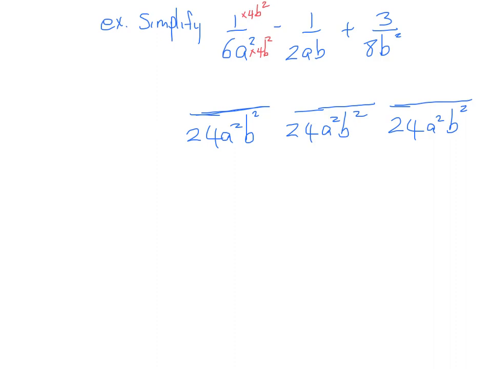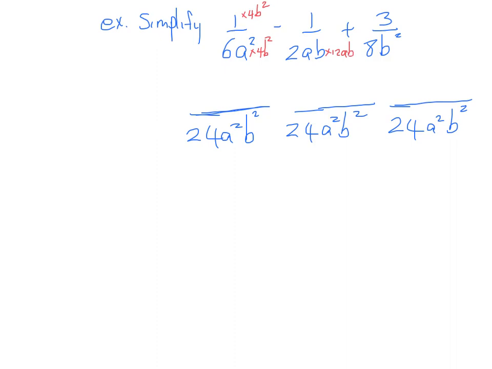All right, let's look at the next fraction. What do we have to multiply 2ab by to get to 24a squared b squared? Well, 2 to get to 24, we have to multiply by 12. To get a to a squared, we have to multiply by a. And to get b to b squared, we have to multiply by b.